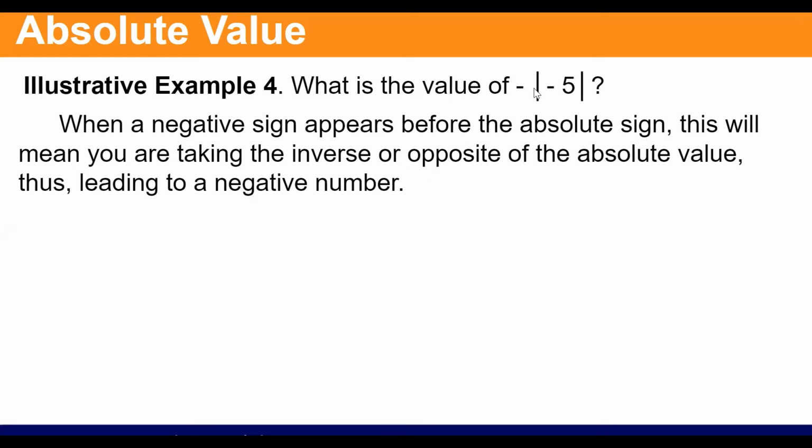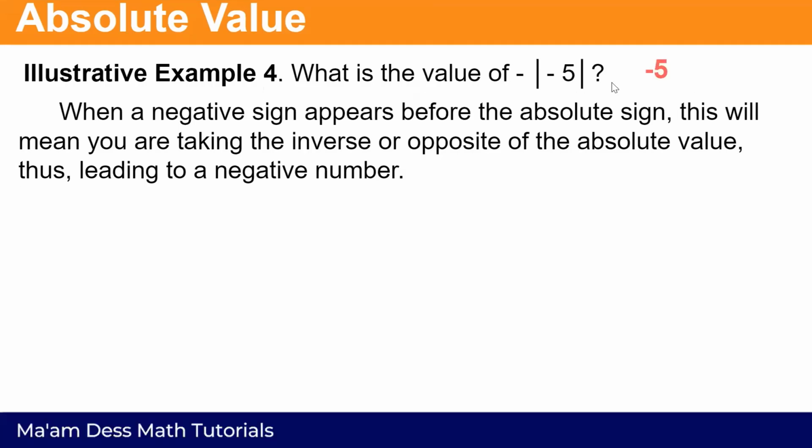So what you are going to do is find the absolute value of -5, which is +5, and then apply the negative sign. So the negative absolute value of -5 is -5.